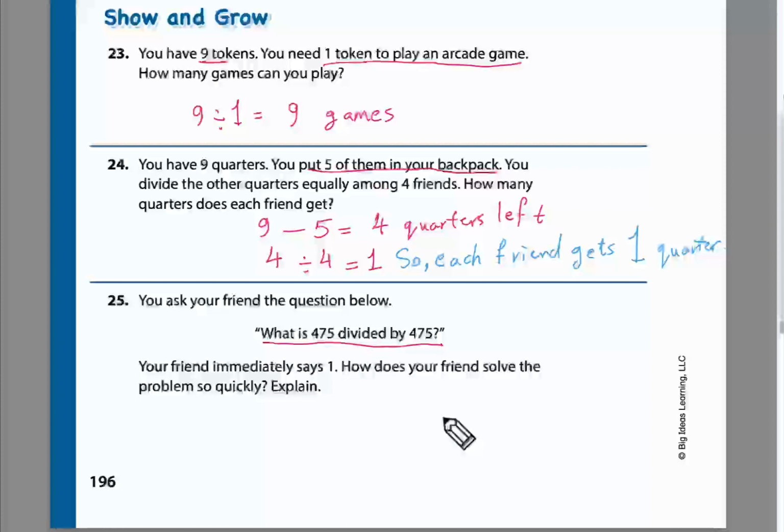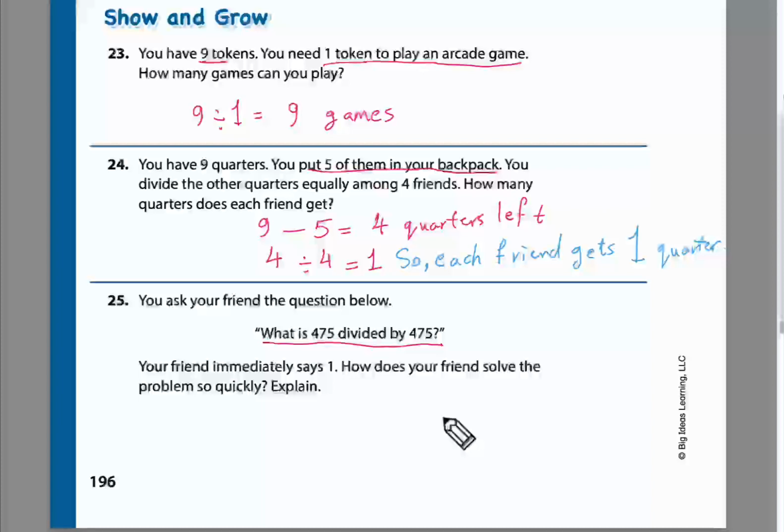Because when we divide the same dividend and divisor, the answer is 1. You mean the same dividend and divisor, the answer should be 1. So when we divide any number by itself, we get 1.